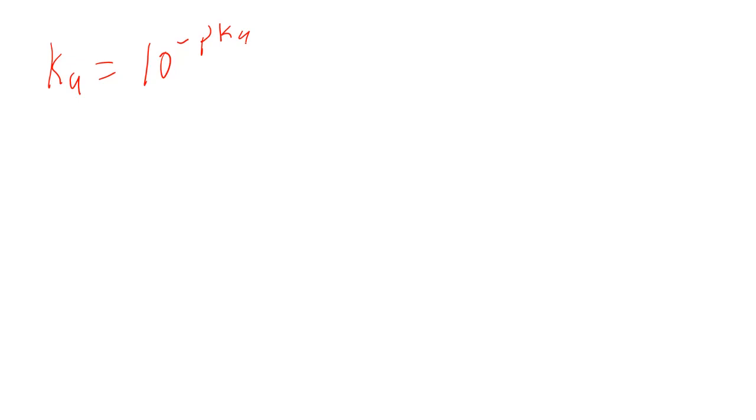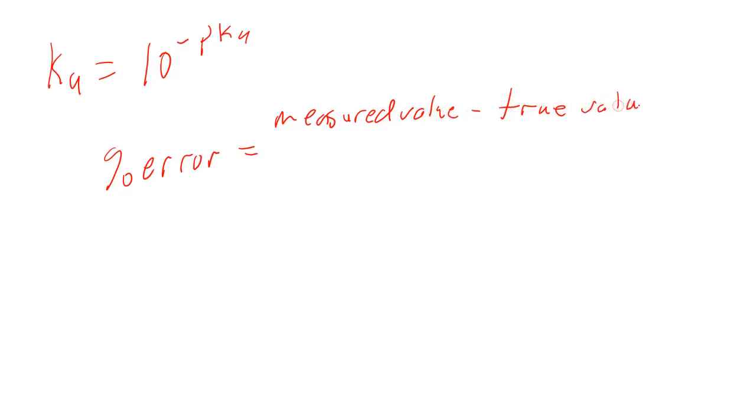For acetic acid, once you get your Ka, you're going to calculate the percent error. It actually gives you in your lab handout what the literature value is for your Ka for acetic acid. Percent error is calculated as your measured value minus your true value, divided by your true value.